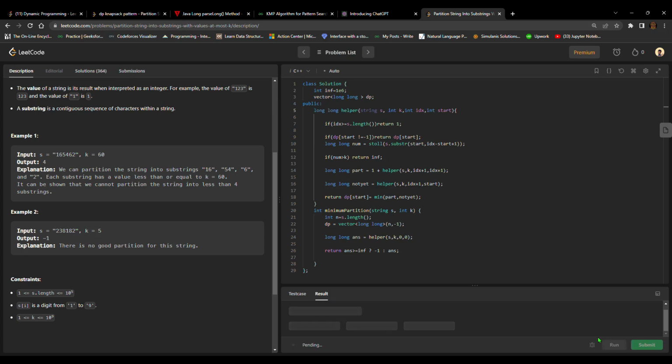I think this should be resolved now. Yeah, no, no, this is not resolved. Okay, so we did an integer infinite value, that is 1e6, and we went up till here. If idx is less than, if idx, I think that is okay, that is also okay.